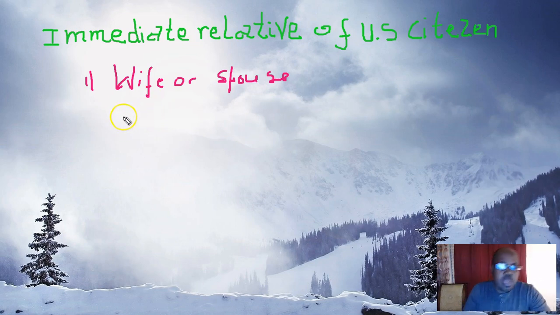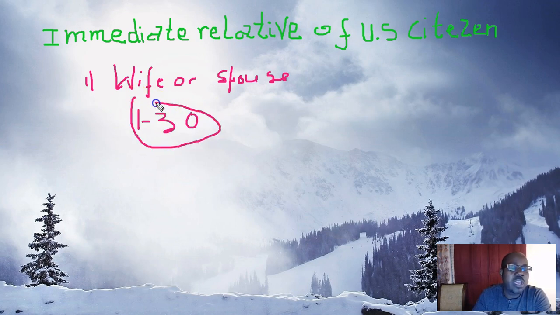Some people sometimes ask questions. If I'm filing for my wife, can I have just one I-130 for both my spouse and my child? Is this possible?